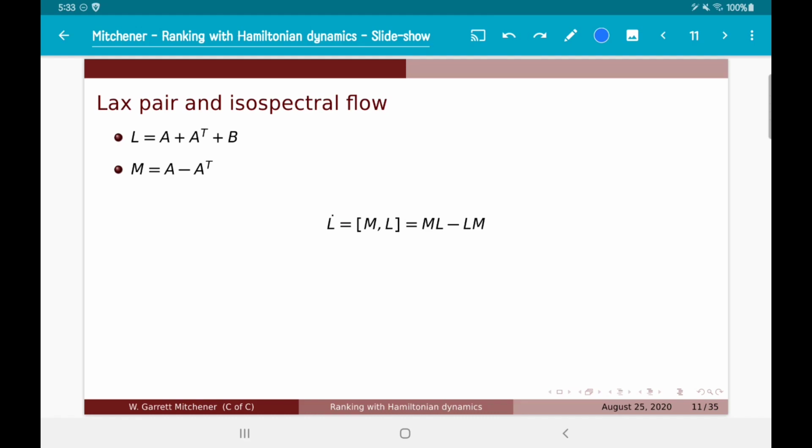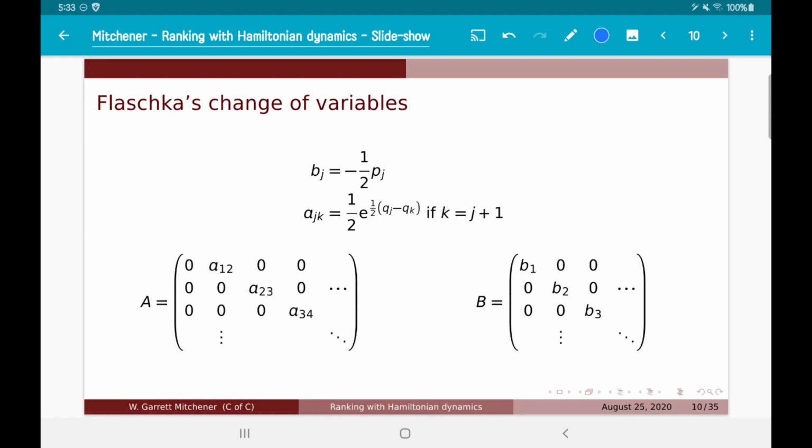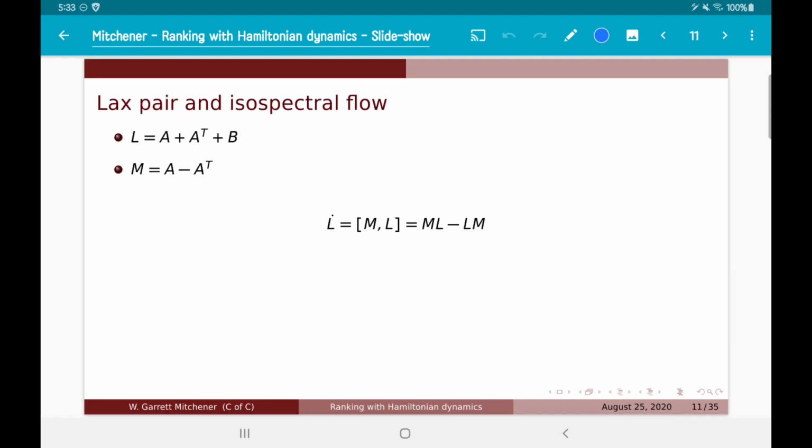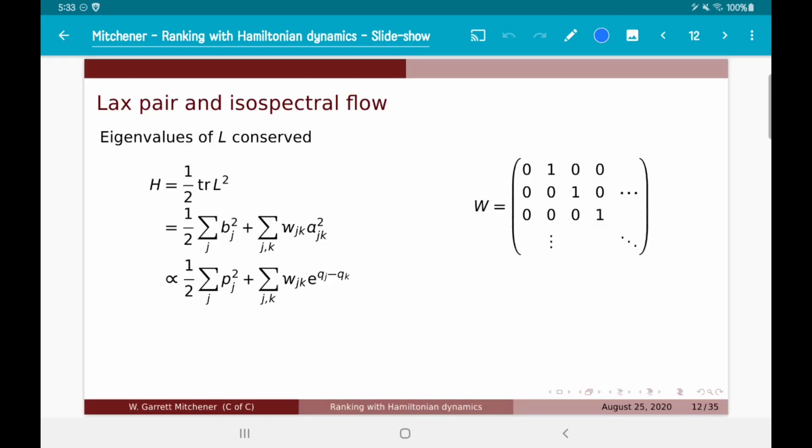There are other definitions of an integrable system. This is what it means in the case of the Toda lattice. So what could we possibly do to generalize this so that we could have a weight matrix that's more general than just a chain? Okay, well, I've tried a lot of different things.